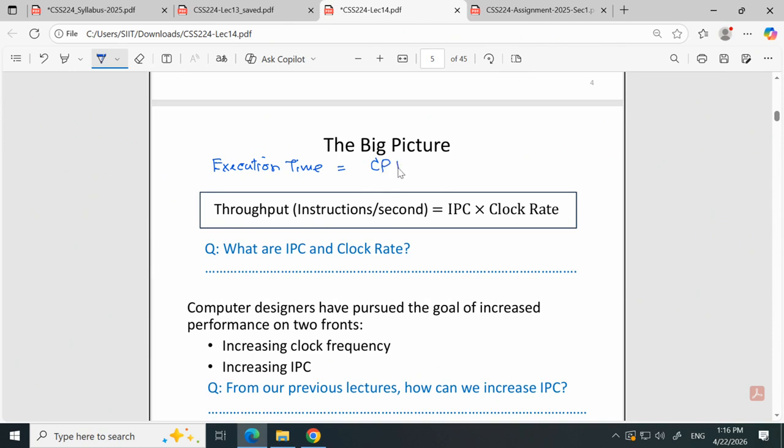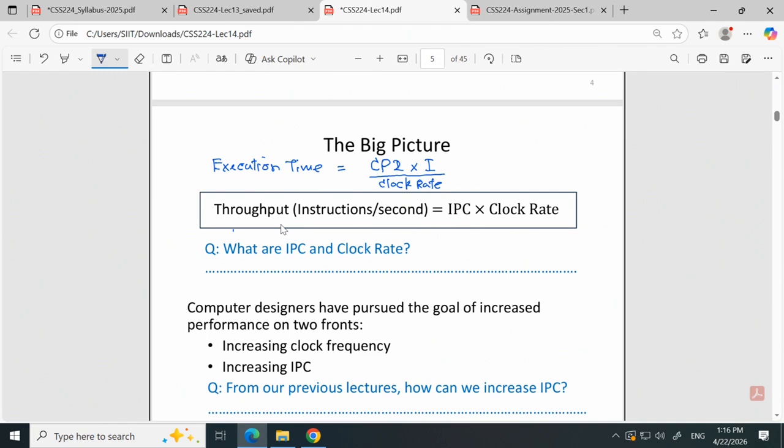CPI times I, the number of instructions, right? And what should be below this line? The clock rate, okay? You guys are familiar with this formula.